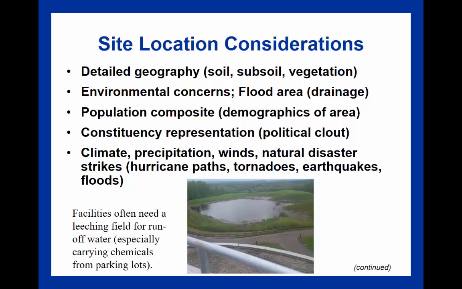And certainly for some facilities, they need a field or an area that's going to be acceptable environmentally at risk of chemicals. So runoff water that might have chemicals or some sort of pollutants from cars and nearby parking lots, is that going to congregate somewhere near the facility that's not going to be environmentally dangerous? So that's certainly important.